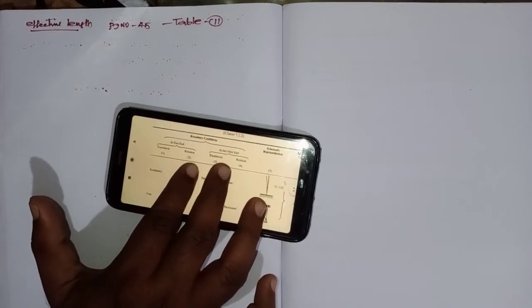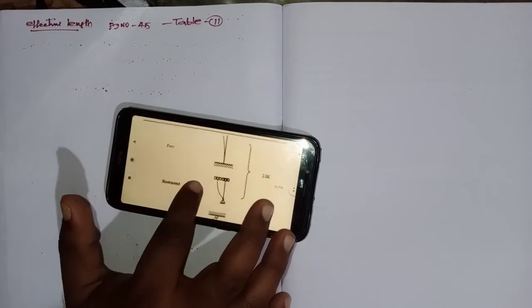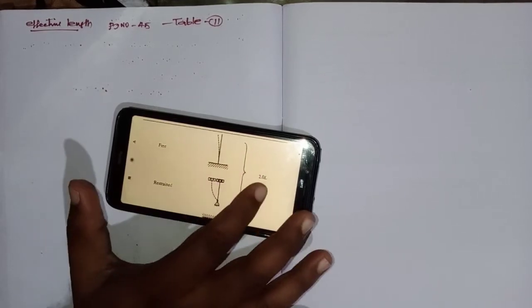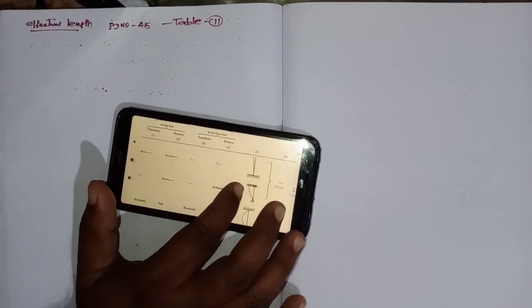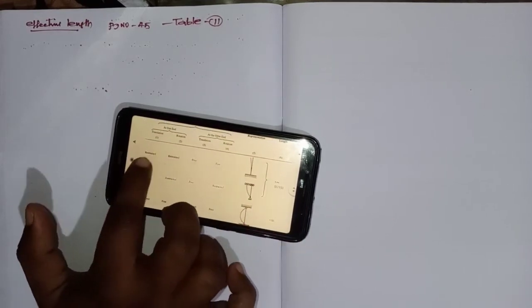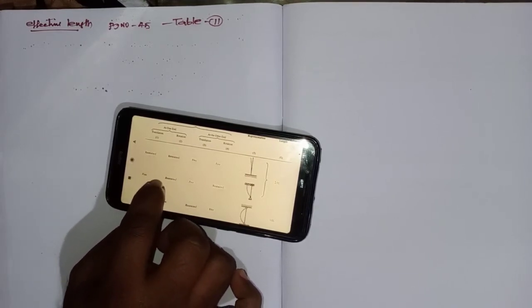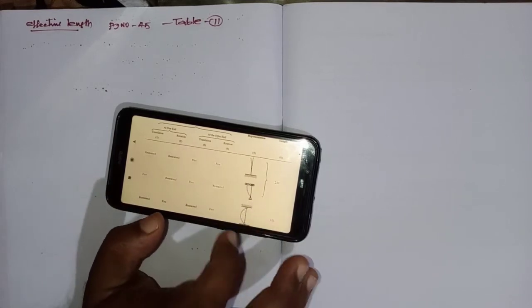For that, what will be the effective length? Effective length equals 2 times the actual length, where L is the actual length. Similarly, one end of the column is free to translate but restrained against rotation, and for that it is also 2L.